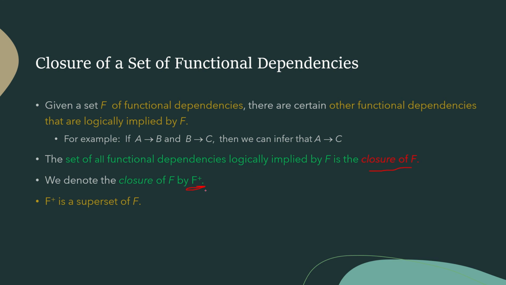So that is called the closure of F. These are the functional dependencies logically derived from F. It is denoted by F plus, and F plus will always be a superset of F. That means F, the set of given functional dependencies, is only a subset of F plus.